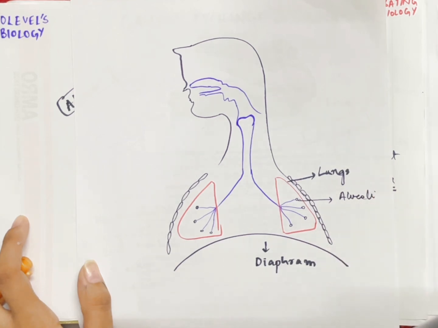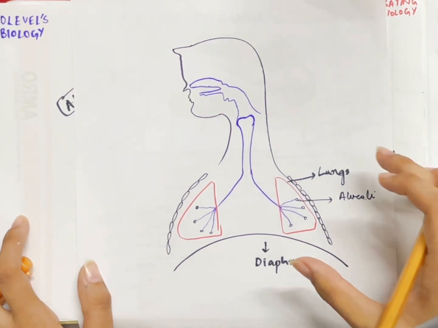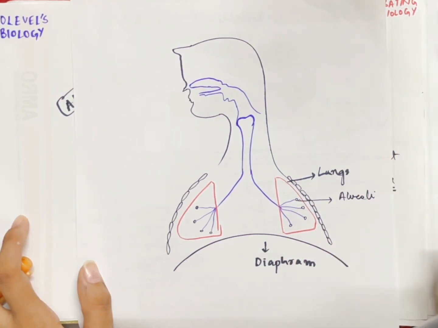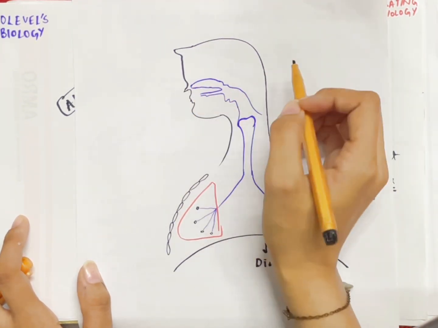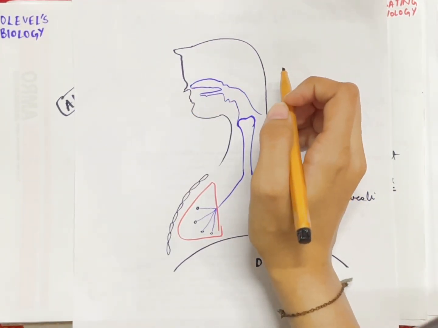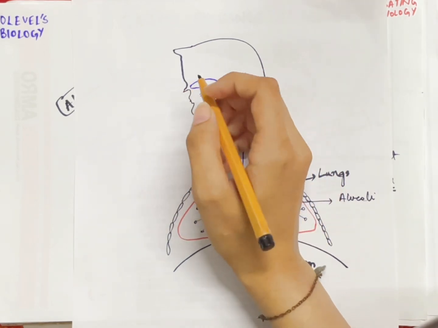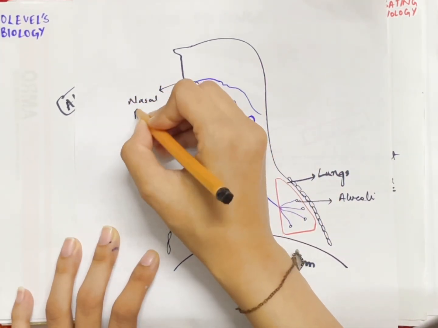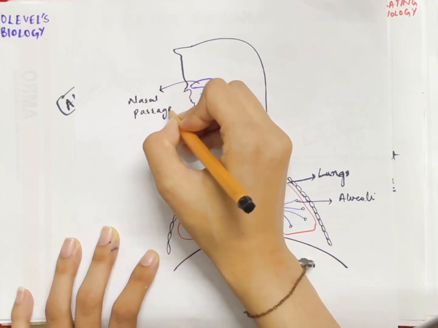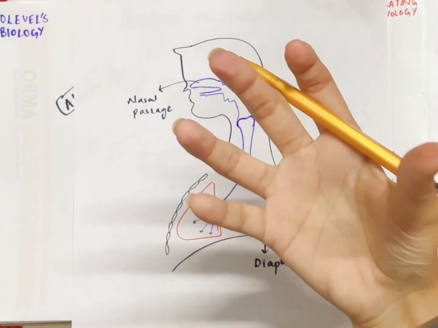When you talk about gaseous exchange in a human being, regardless of these important factors and organs, you need to understand that gaseous exchange starts from the nasal passage. The air enters the body through the two nostrils and the nasal passage. This nasal passage includes hair particles.